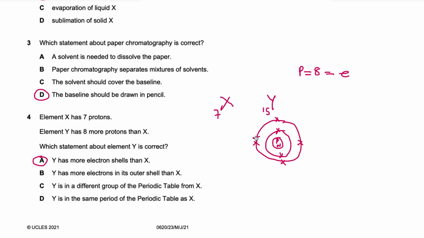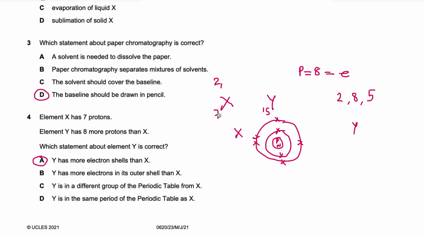This element X is 2, 5. For Y it is 2, 8, that's 10, and then 5. So there's another shell, a third shell. This is the first shell, this is the second shell for element X. But for element Y, you definitely have 3 shells. This one, you only have 2 shells because it's 2, 5.